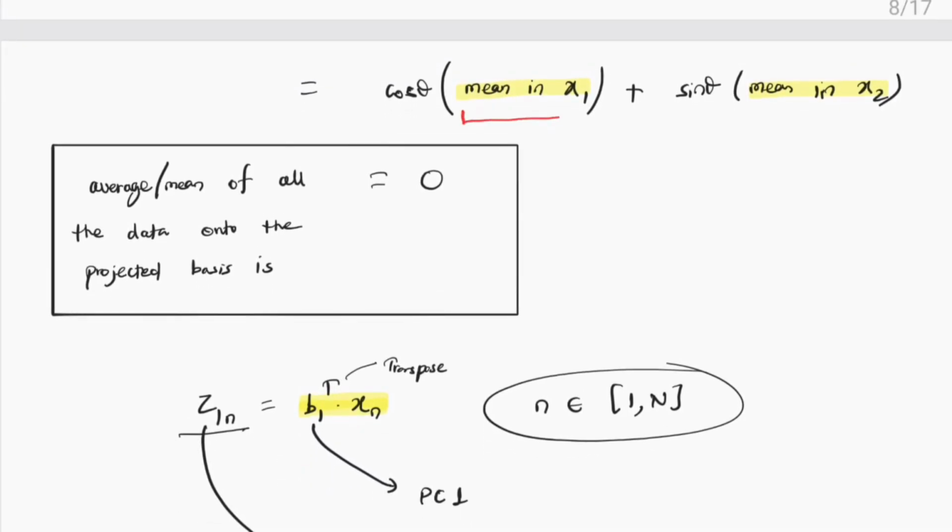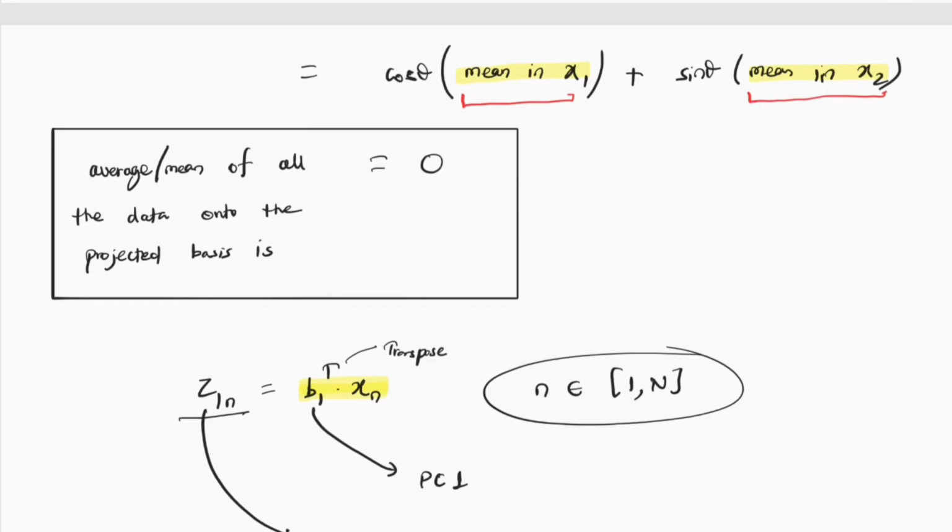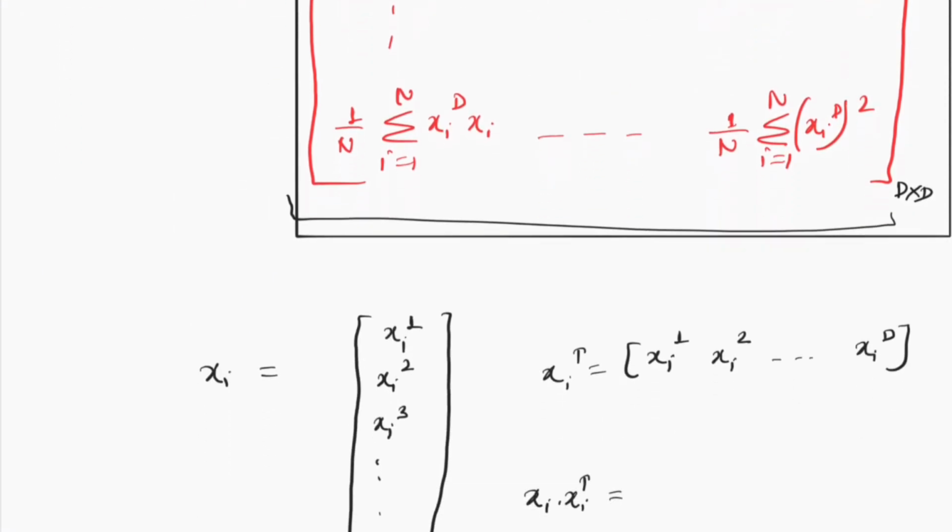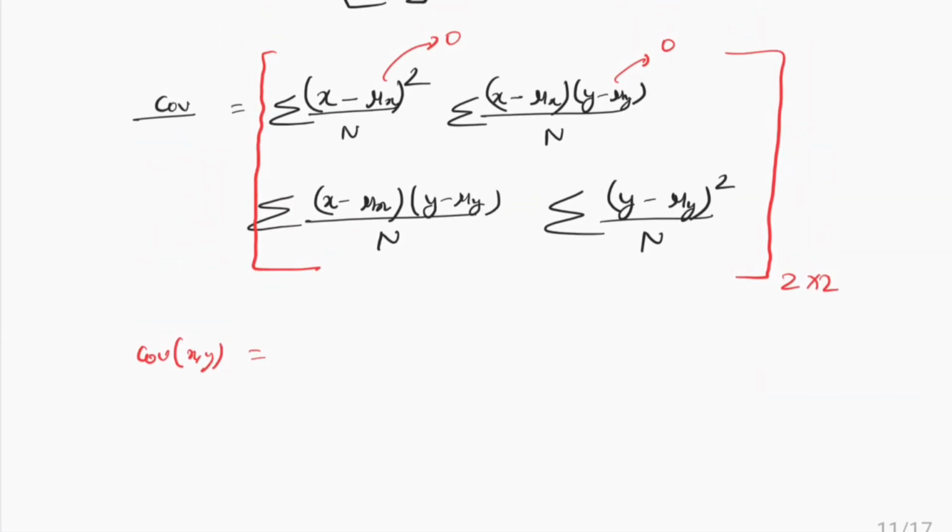See here, we have kept the mean of data in all the dimensions as 0. So the covariance will look like this.